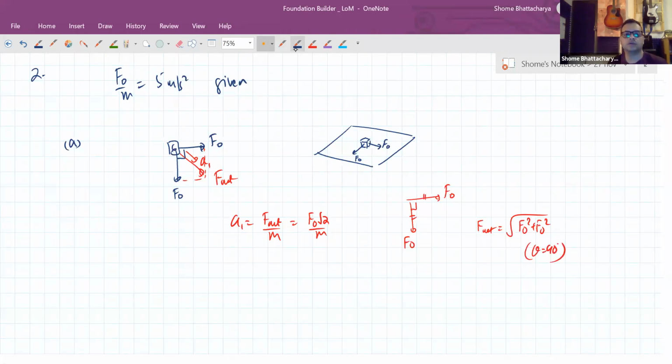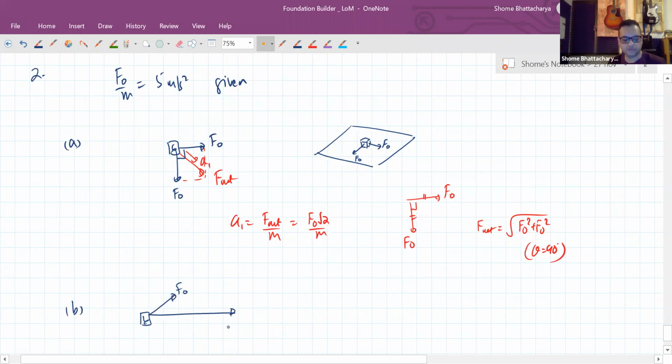Okay. Now likewise in the B part, you are applying forces which are at 45 degrees to each other. So this force is like this, and secondly this force is different, it is 2 F naught. Okay, and the angle is 45 degrees. So what will their resultant force be like? It will be something like this.